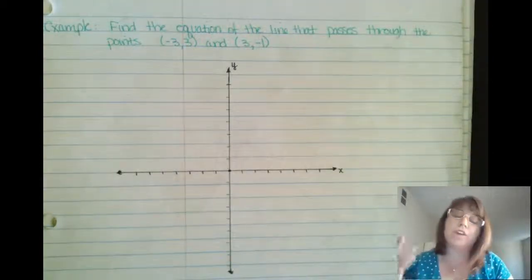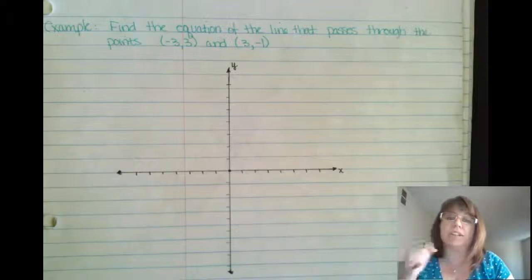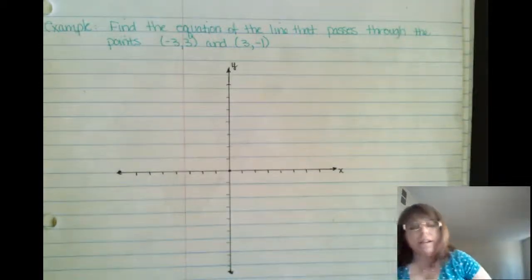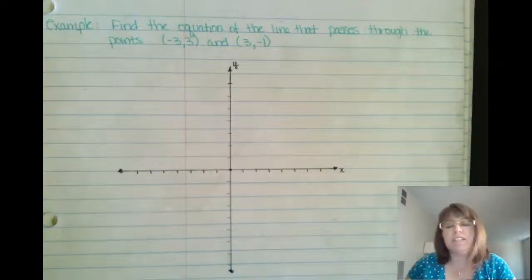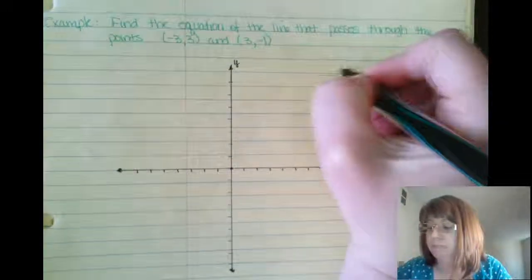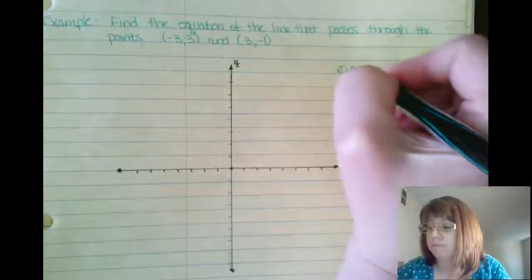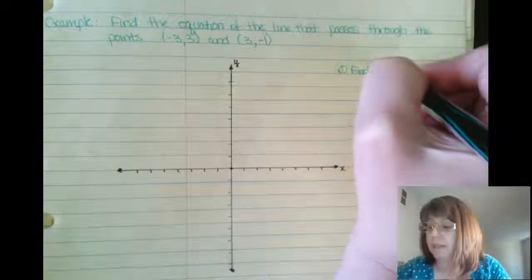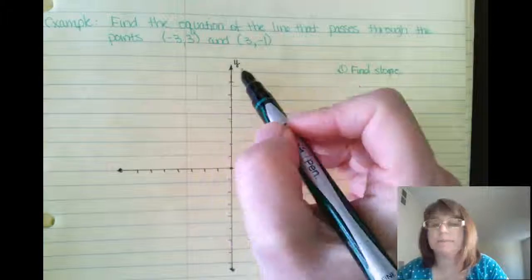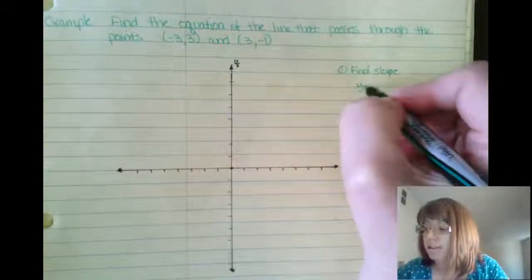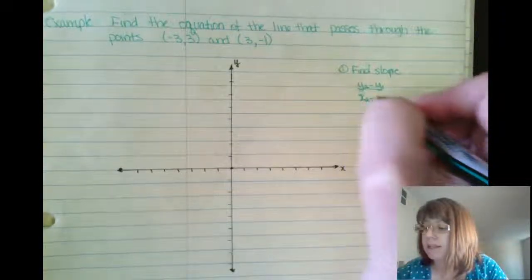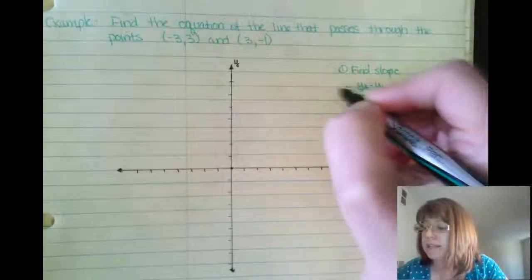And now the third option of solving for the equation of the line is where it passes through 2 points. Well, here's the thing about that. This is a 2-step problem. The first step, I need to find the slope. And how am I going to find the slope? Well, I have 2 points, so I'm going to use y2 minus y1 all over x2 minus x1, and that will equal my slope.